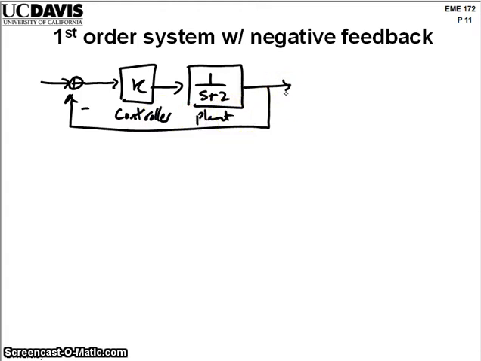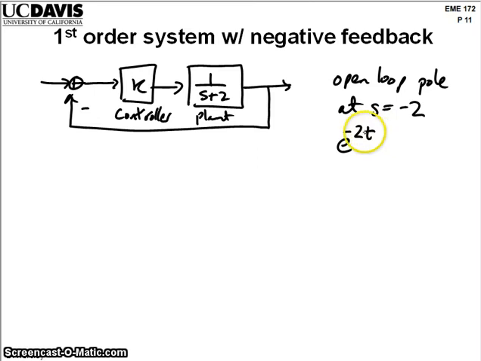And you notice that the time response here is going to be governed by this open loop pole at s equals -2. And so the open loop response of this system would have a time component that looks like e to the -2t. In other words, there's a time constant, tau, which is equal to 1/2 a second. Half a second time constant. If we think about settling time, it's going to take about 4 time constants, so about 2 seconds for this thing to settle. Now let's look at the closed loop characteristic equation.